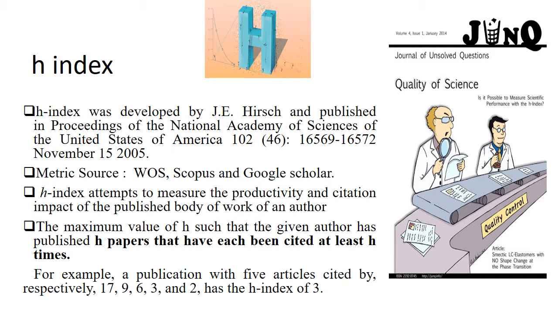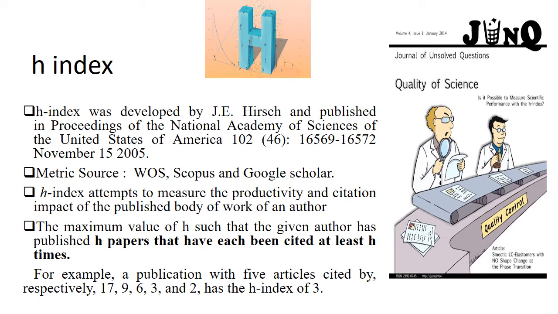Now what does the H-Index try to do? Again, the purpose is basically to measure the productivity and citation impact of the research work. Now what is the calculation? Let's take the example given here: a particular author has 5 articles, each of which has been cited 17, 9, 6, 3 and 2 times. Now we need to calculate the H-Index for this.